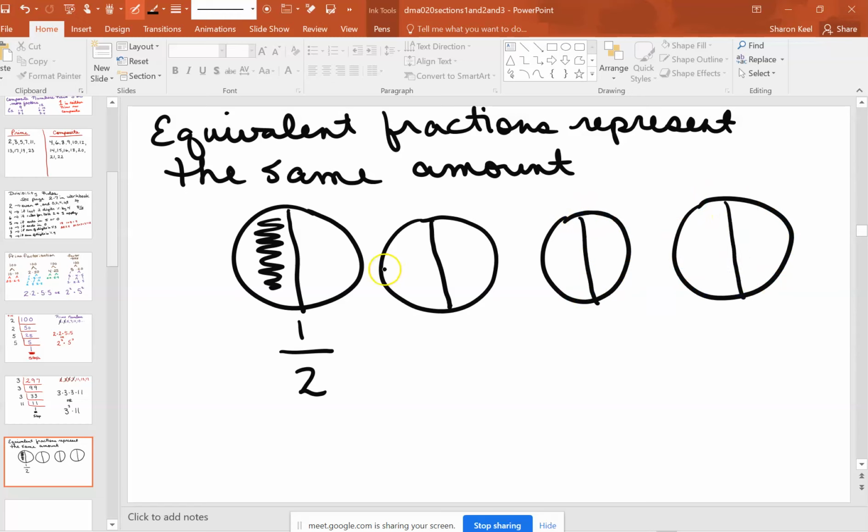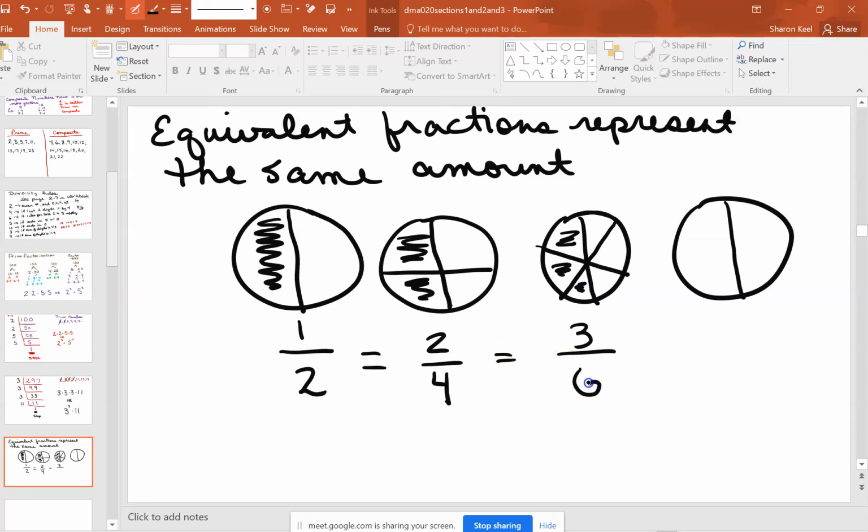If this pizza is divided into 4 pieces and I ate 2 of the 4 pieces, I'm still eating 1/2. If my pizza is divided into 6 even pieces, 3 of those 6 pieces, that is still half.